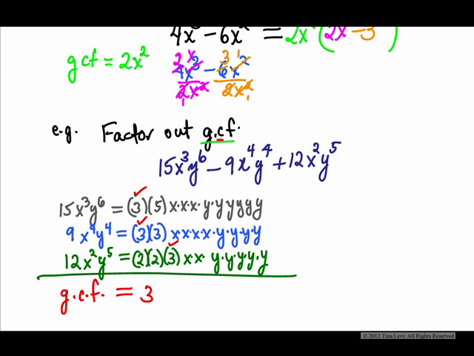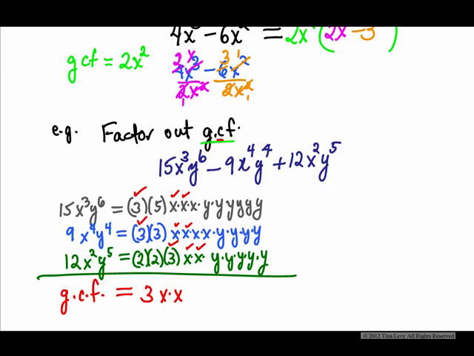Then we look at what is common to all of these. They all have one x, then they have another x, and prior to that there's nothing else common to all of them.